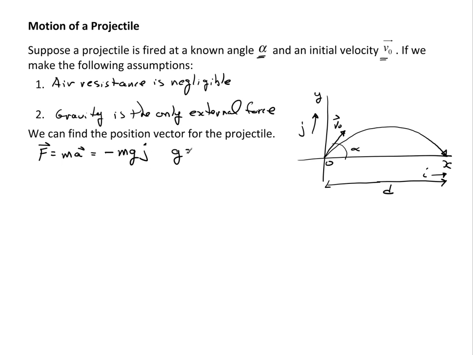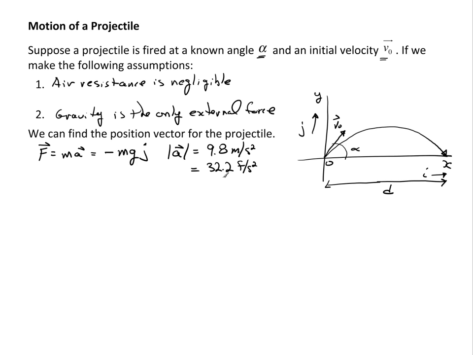Let me rewrite that. The magnitude of the acceleration is going to either be 9.8 meters per second squared, or it's going to be 32.2 feet per second squared. It depends if we're working with meters or feet.